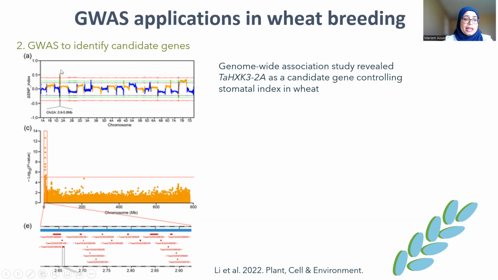So here again is a QTL that was identified on chromosome 2A, and there is a zoom on this locus and the annotated genes that are available on the IWGSC website. And again here, by using some gene expression data, they were able to determine this gene as a candidate gene that is associated with stomatal index in wheat.